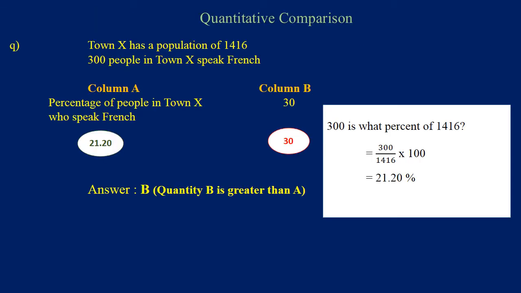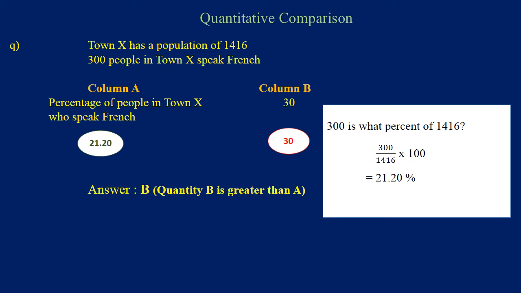Now let us have a look at quantitative comparison questions. Our first question says that town X has a population of 1460 and 300 people in town X speak French. Column A asks us to find the percentage of people in town X who speak French, and column B has the value 30.